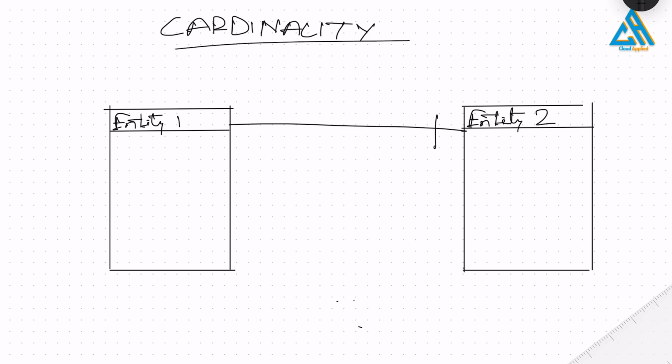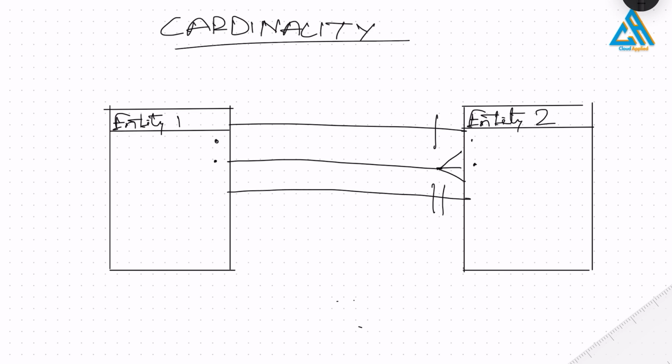If you see a line like this, it means an entity 1 can have one instance in entity 2. If you see a crow's foot like this, it means an instance in entity 1 can have many instances in entity 2. Okay, so now there can be another type of entity.